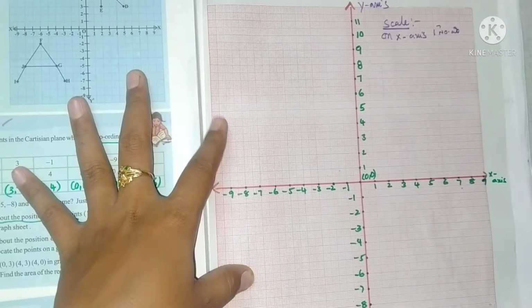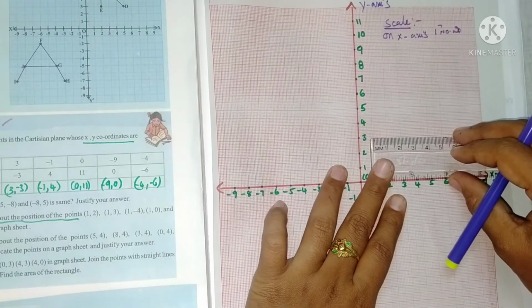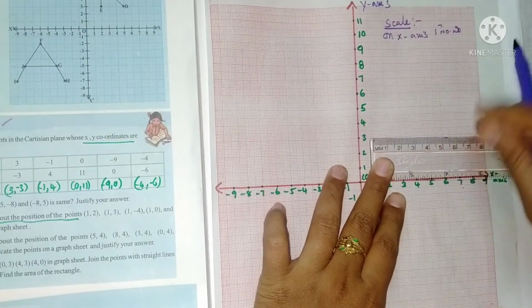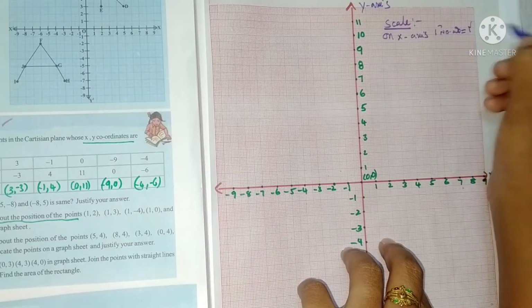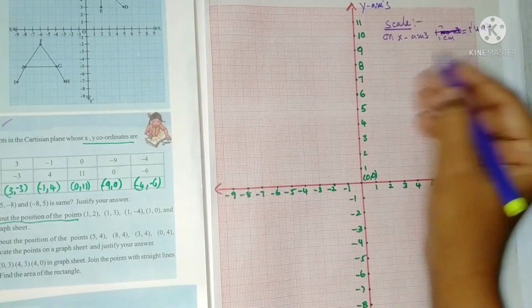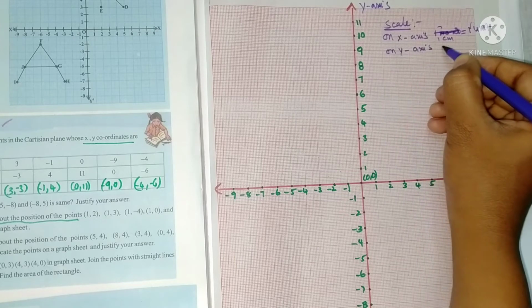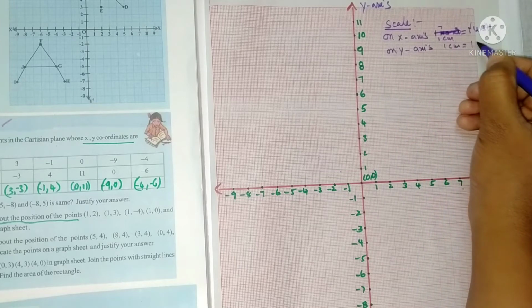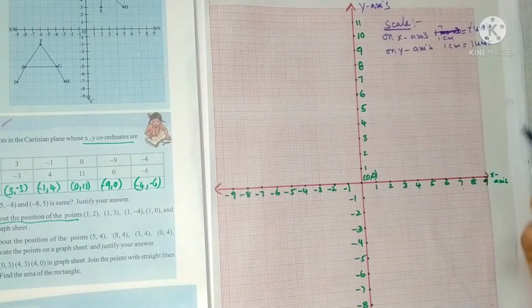If you measure with the scale, the distance from one box to the next box is 1 centimeter. 1 centimeter equals 1 unit. Similarly, on y-axis, 1 centimeter equals 1 unit. One gap we took, so we wrote the scale for that.